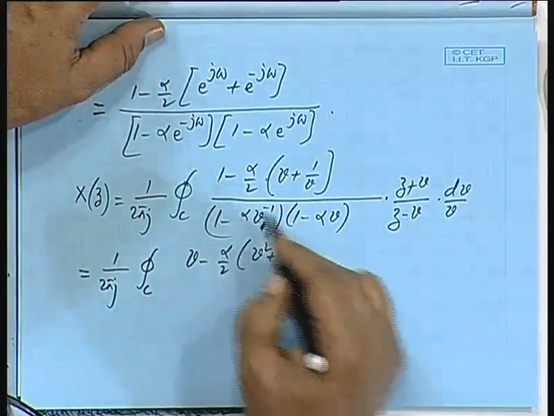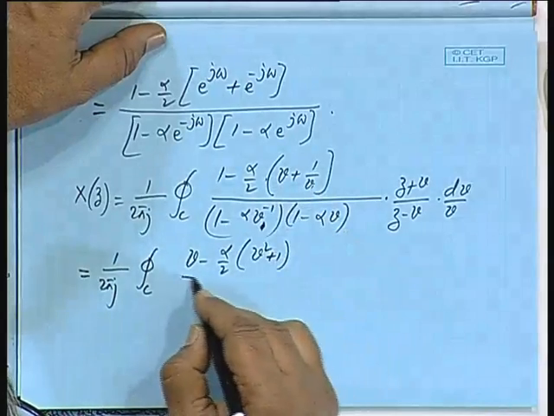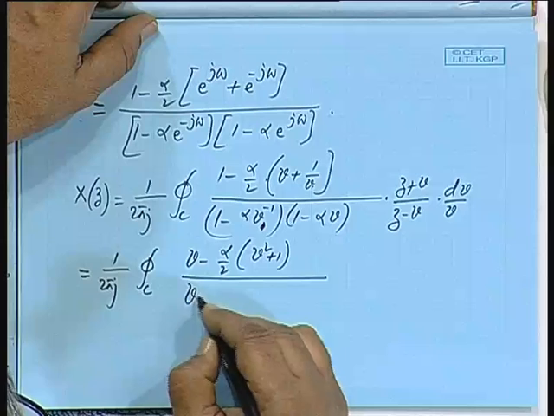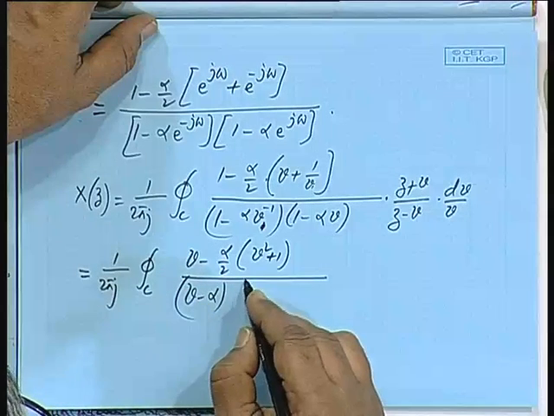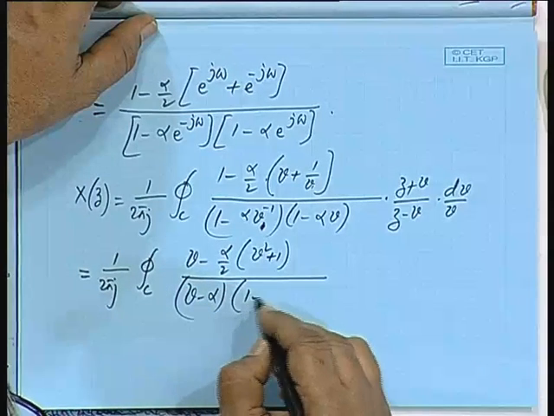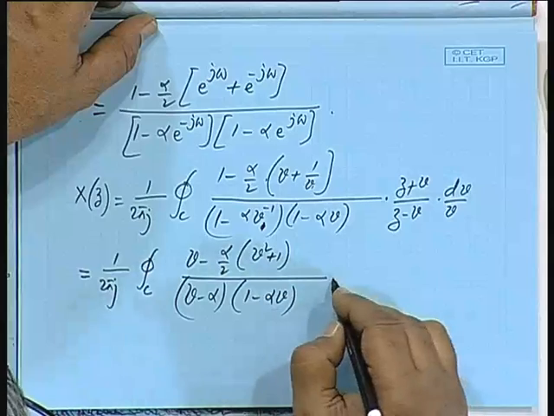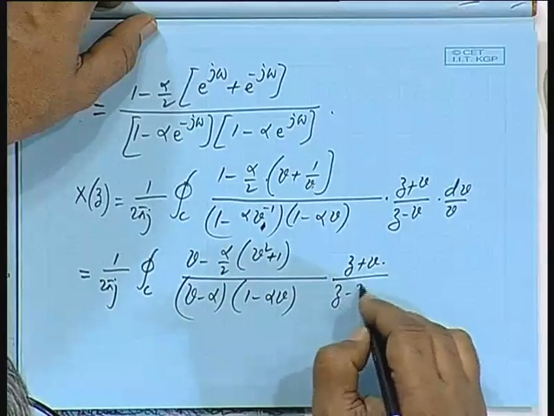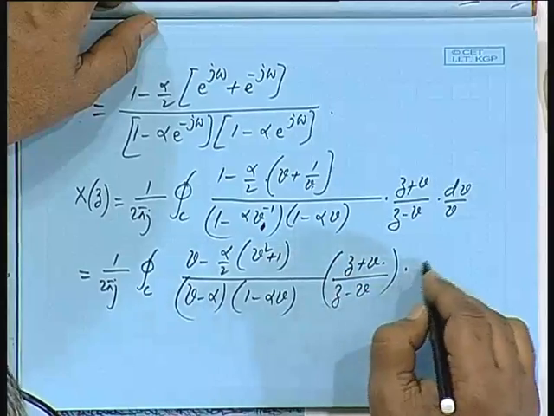If I multiply by v, this becomes v squared plus 1. If I multiply this by v, then this becomes v minus alpha into 1 minus alpha v into z plus v by z minus v into dv by v.